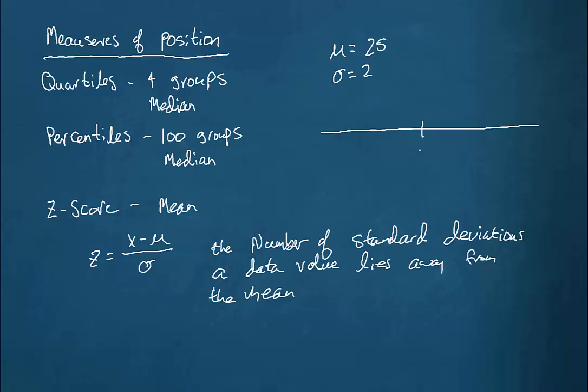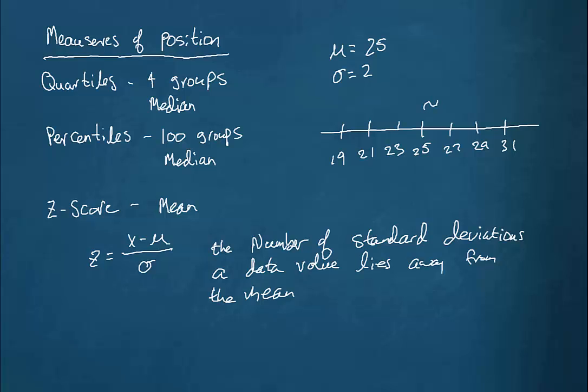Let's look at that on a number line. So there's 25, 27, 29, 31, and then let's go back the other way. We're going by 2's, 23, 21, 19. So the mean is 25 and the standard deviation is 2.